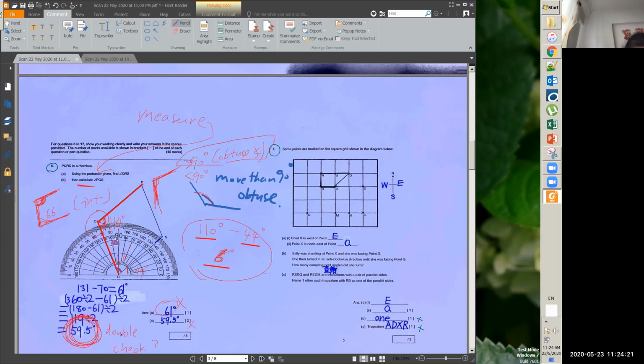Then can I ask you, this is an isosceles triangle, right? So if this is isosceles, this is 66. You can actually find out what this small one is already. So if this is 66, what is this? Use your calculator. Help me out. 57.